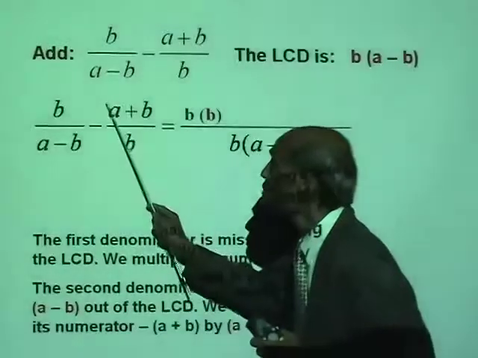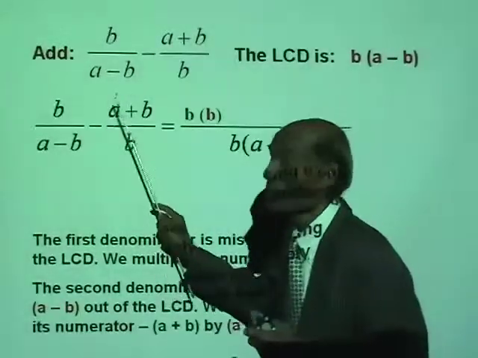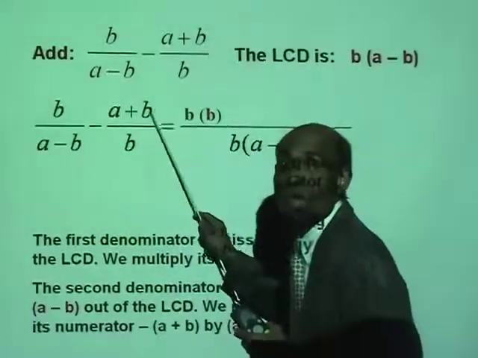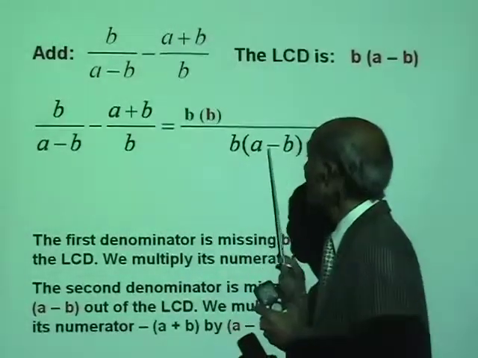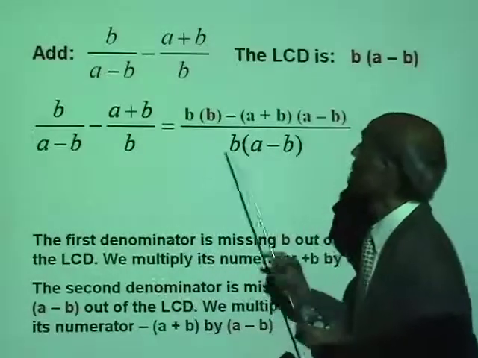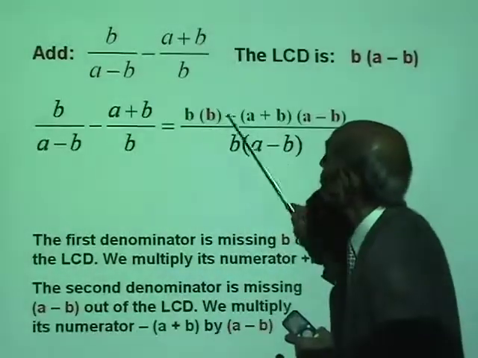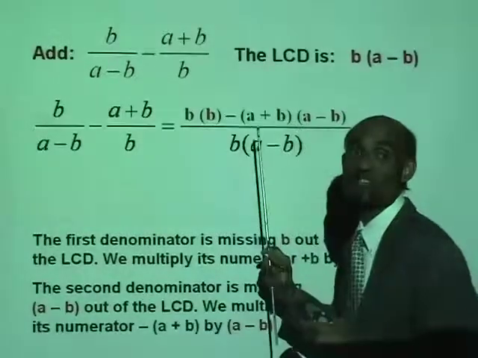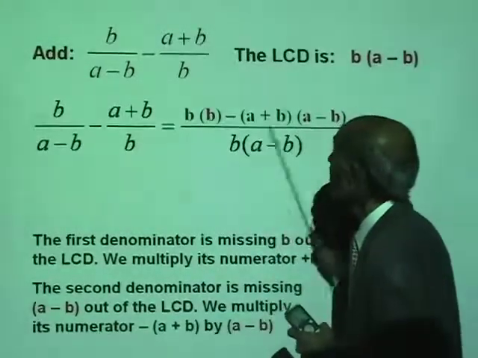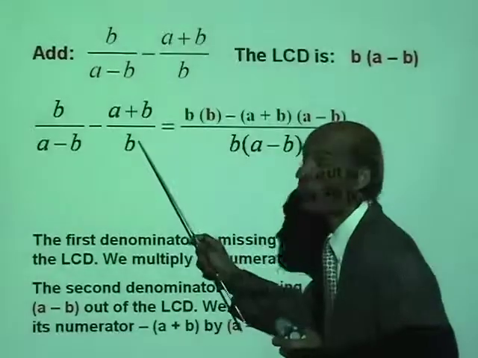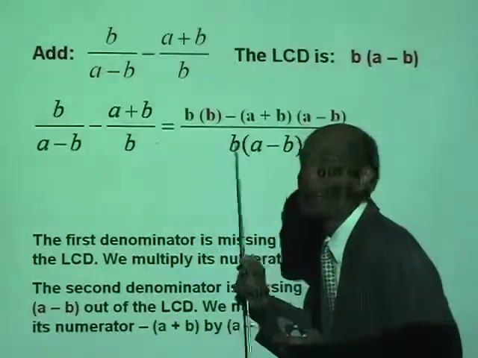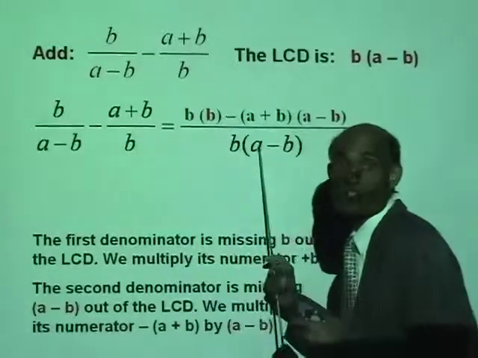That means this quantity, what quantity? Minus of a plus b will be multiplied by that missing factor. So that will be minus, look at the way after minus, I put that a plus b in a parenthesis. Minus a plus b is multiplied by that factor in the LCD that is missing here, which is a minus b.